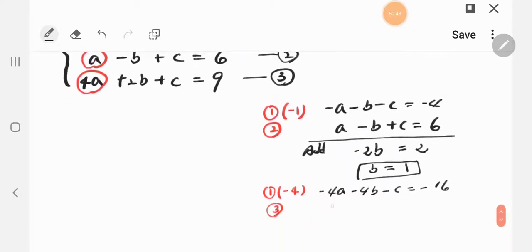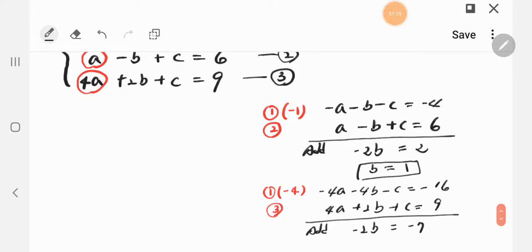And the third equation is 4a plus 2b plus c is equal to 9. Add, cancel out a terms, then this is negative 2b, and negative 2b is equal to negative 7.